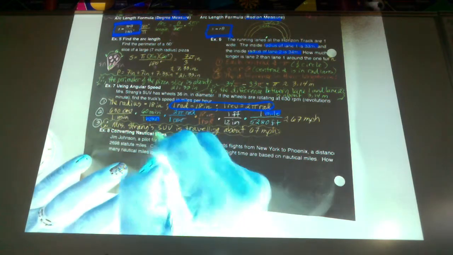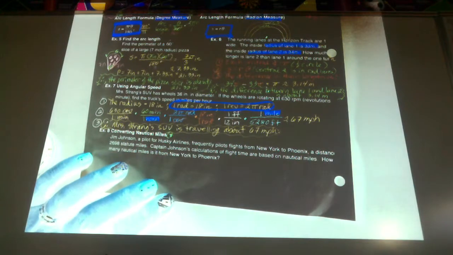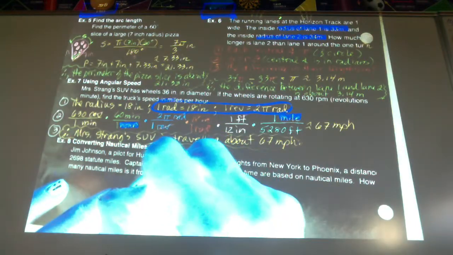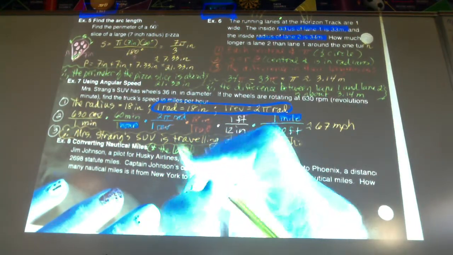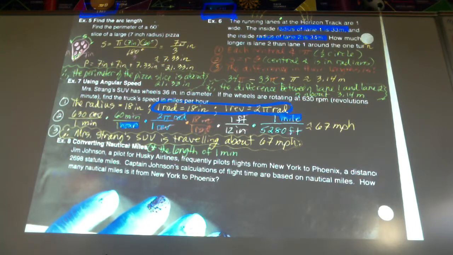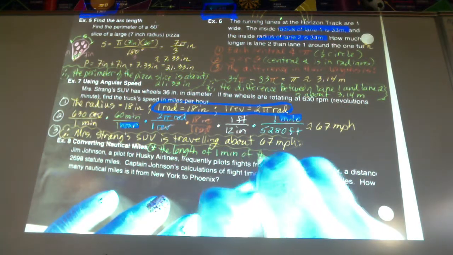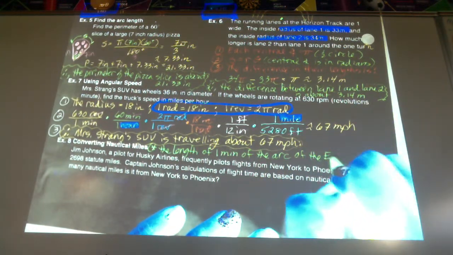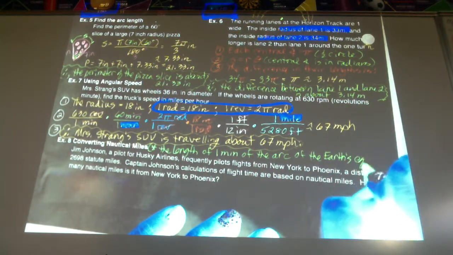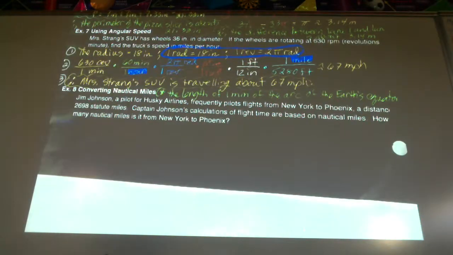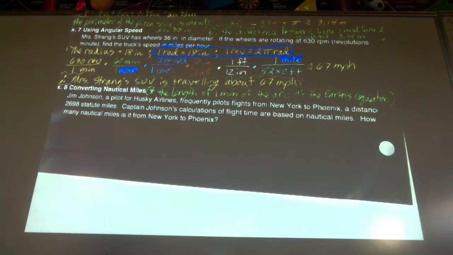So a nautical mile is specifically, you might want to write this down, a nautical mile is specifically the length of 1 minute of the arc of the Earth's equator. So we got the Earth's equator.